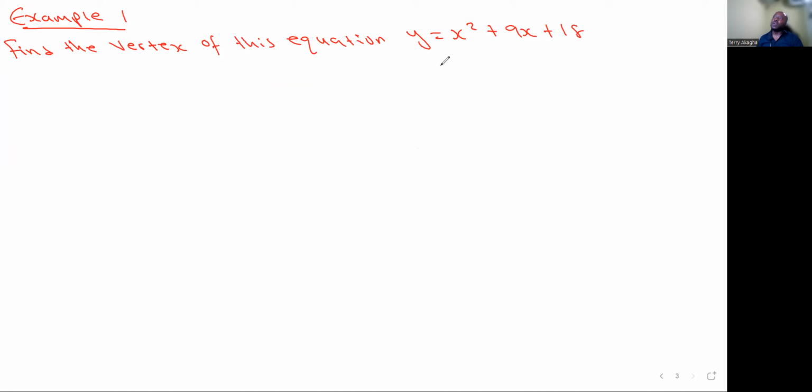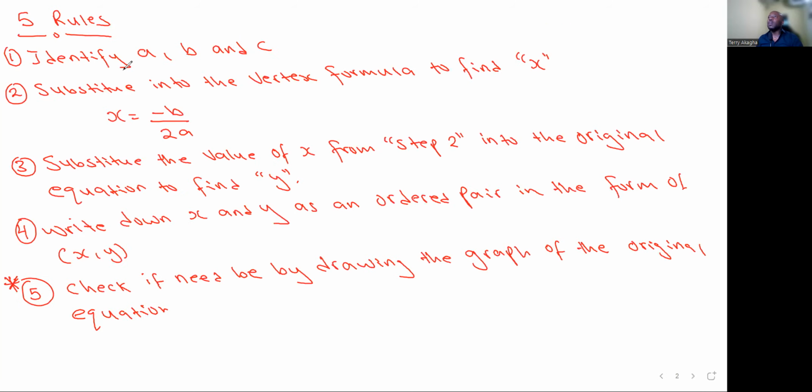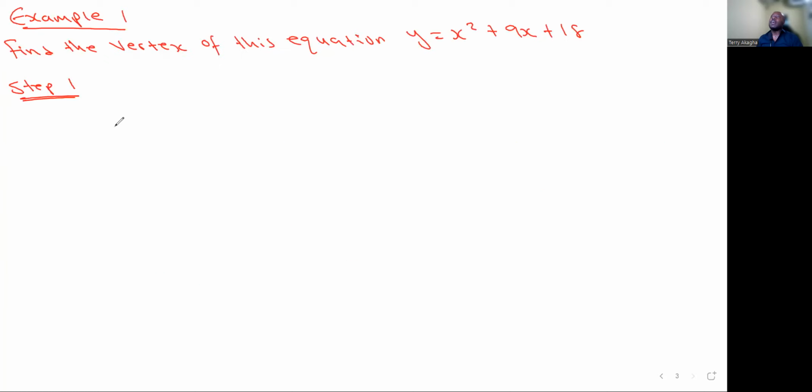The question wants you to find the vertex for this. Step one said you need to identify a, b, and c. So a is equal to 1, b is equal to 9, and c is equal to 18.